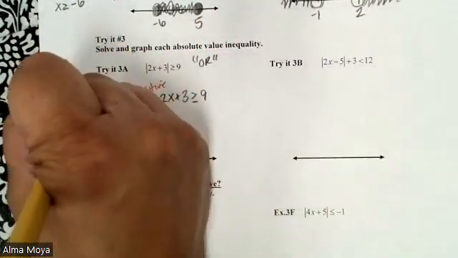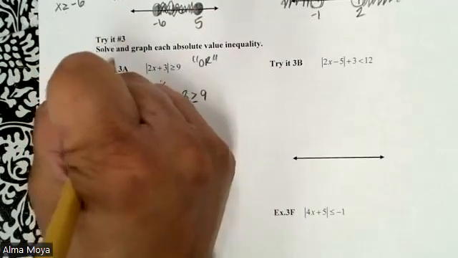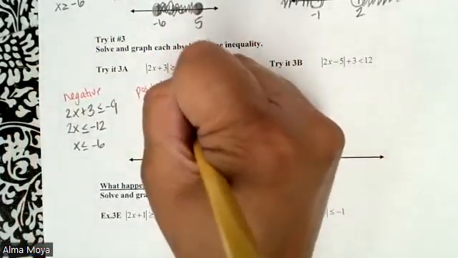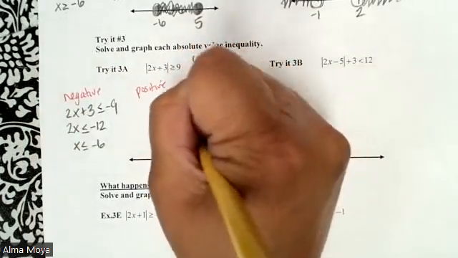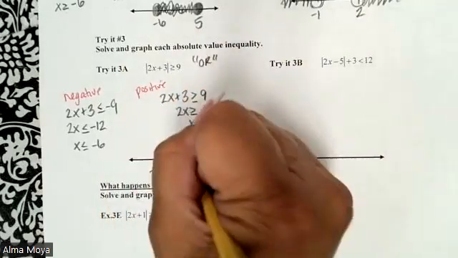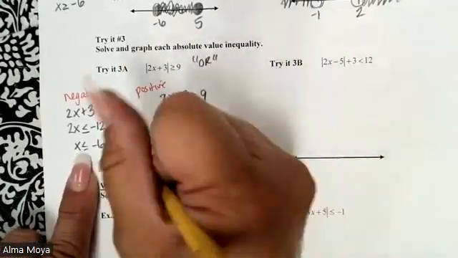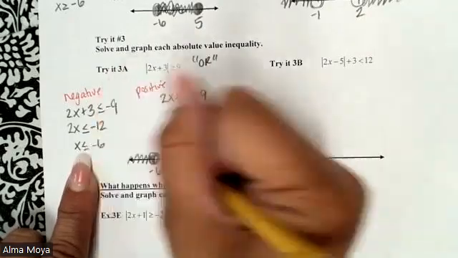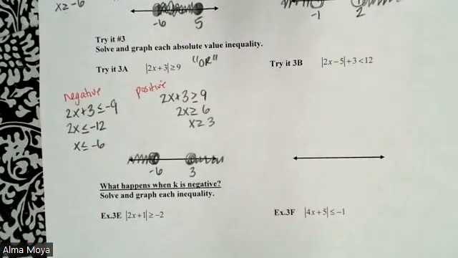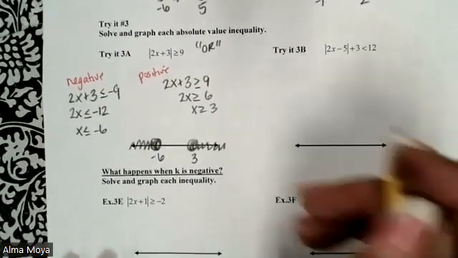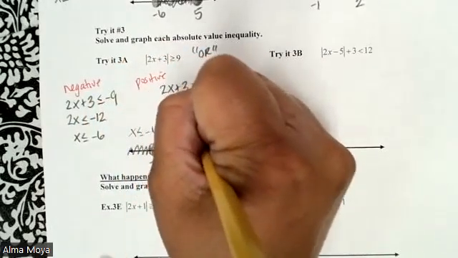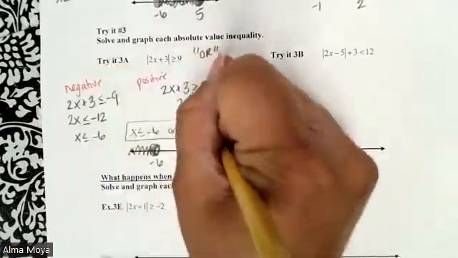I'm going to subtract 3, divide by 2, subtract 3, divide by 2. So here's -6, here's +3. That is closed at -6 and going to the left. That is closed at 3 and going to the right. The answer needs to be written separately. And there we go.